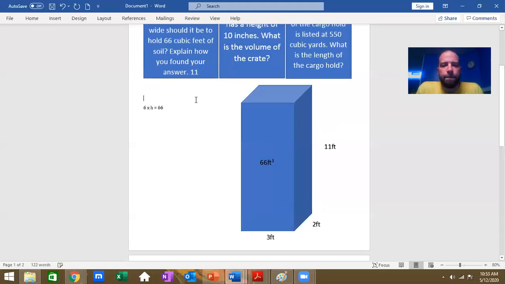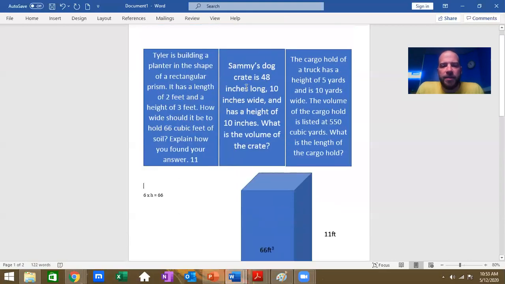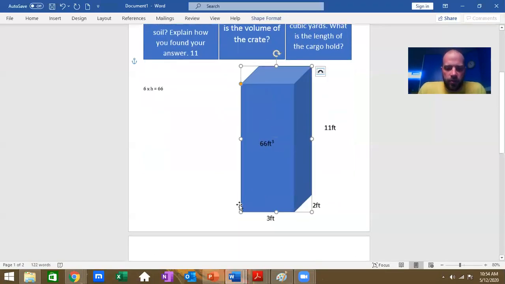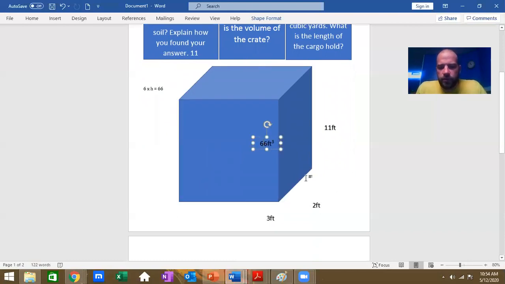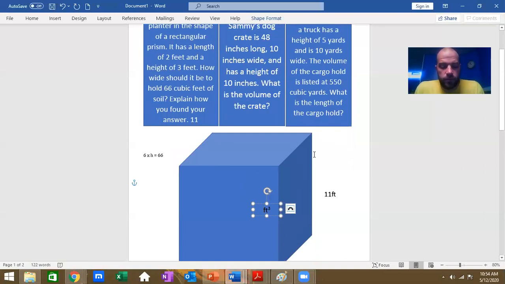All right, let's look at the second one. Sammy's dog crate is 48 inches long, 10 inches wide, and has a height of 10 inches. What is the volume? So this one, we don't know volume. So we'll just say it's missing. And then the height is 10.